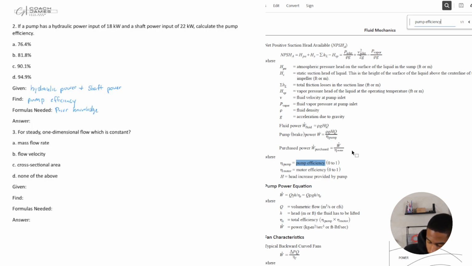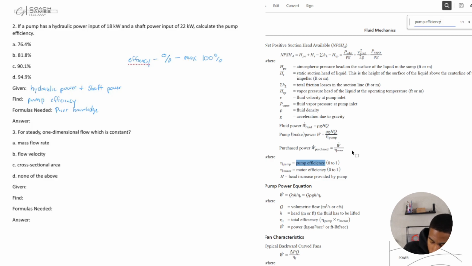But just based off of this, if I have a shaft that can go up to 22 kilowatts and my hydraulic power can do 18, then efficiency is going to be a percentage where the max is 100%, right?